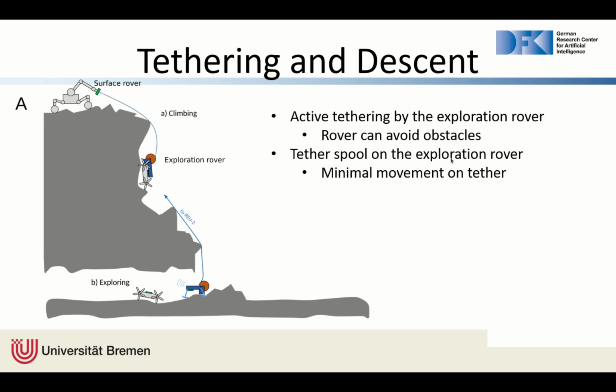The tethering spool is, as I said, attached to the exploration rover itself. This means that the tether is not constantly dragged through the regolith or over cliff edges, and so there's minimal movement on the tether.